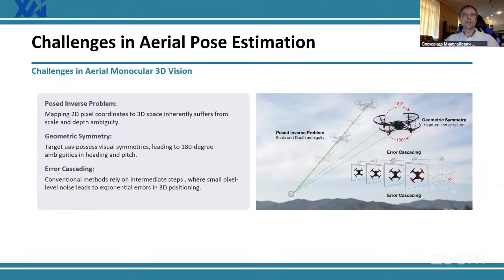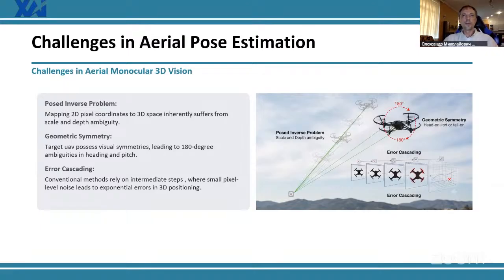But estimating a 6D pose from a monocular image is an extremely challenging task. First, because 2D images lose depth information, determining the exact distance to an object is mathematically ambiguous. Second, aerial targets often exhibit geometric symmetry.